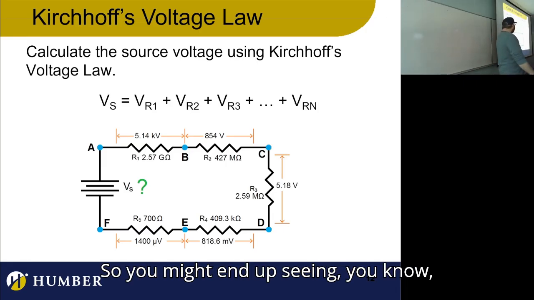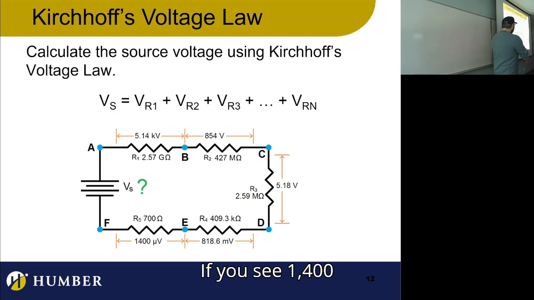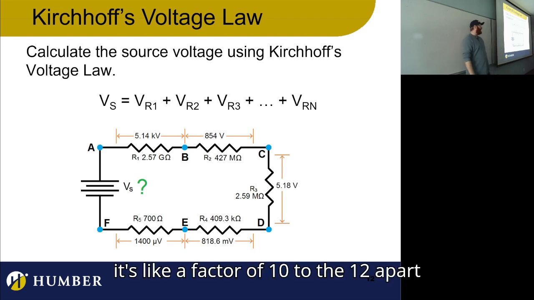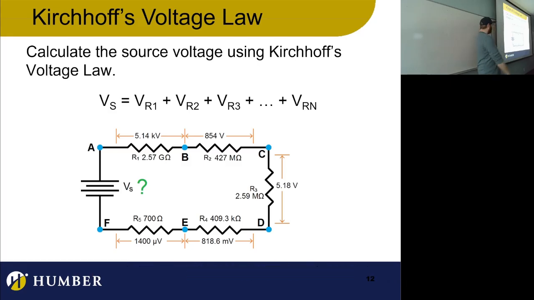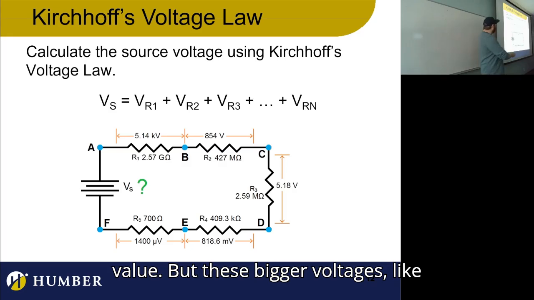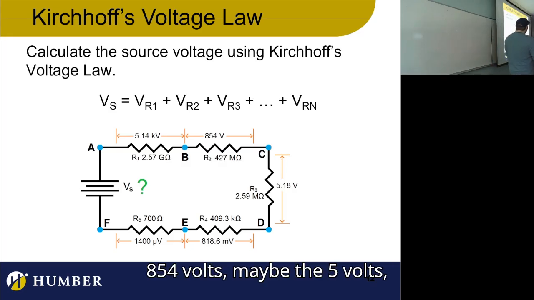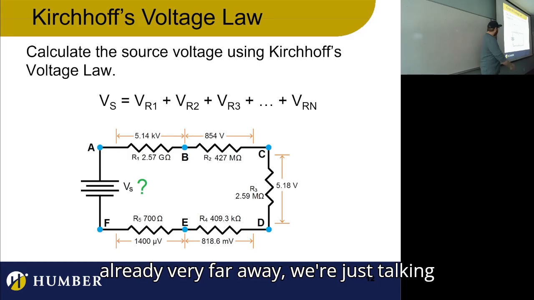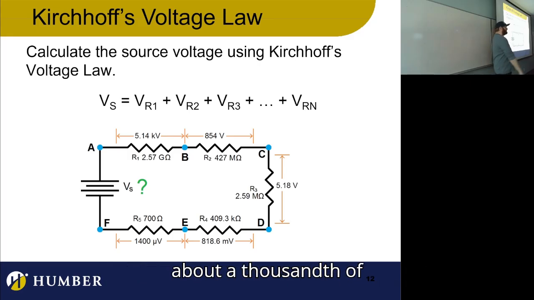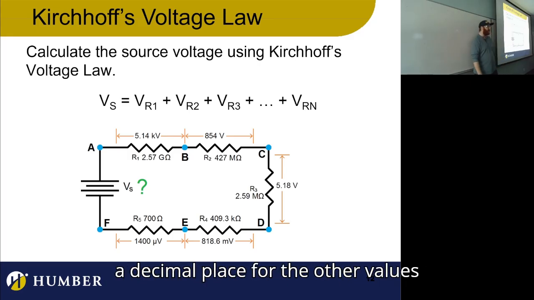So if you see 1400 microvolts next to 5.14 kilovolts, it's like a factor of 10 to the 12 apart from each other. You're not even gonna see that affect the value. But these bigger voltages like 854 volts, maybe the 5 volts, and even when we get to millivolts, it's already very far away. Like, we're just talking about a thousandth of a decimal place for the other values there.